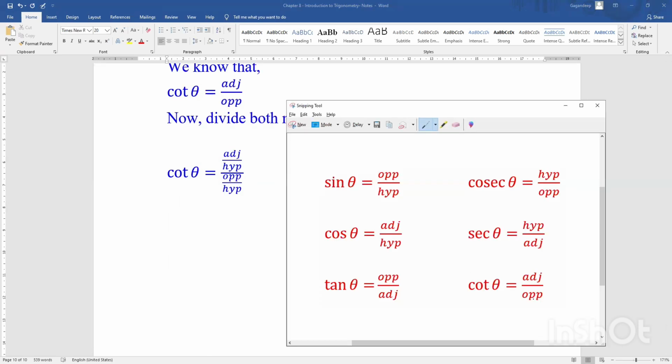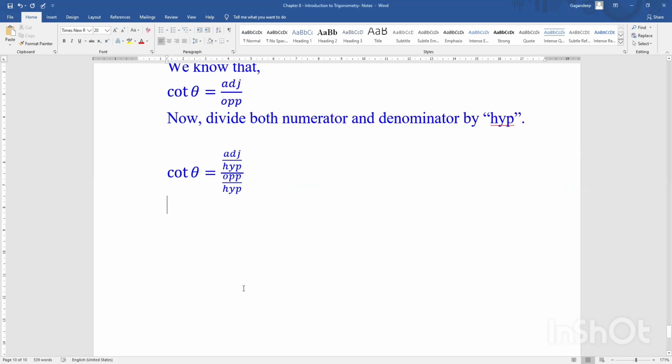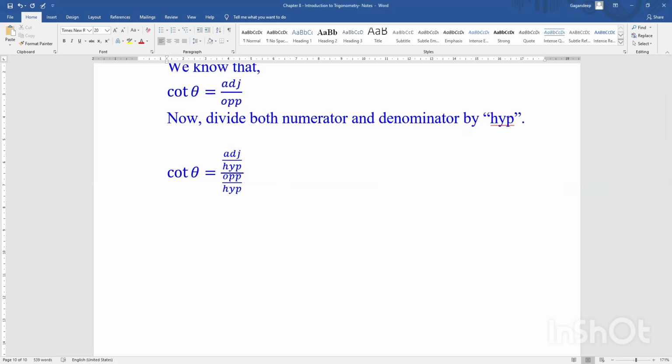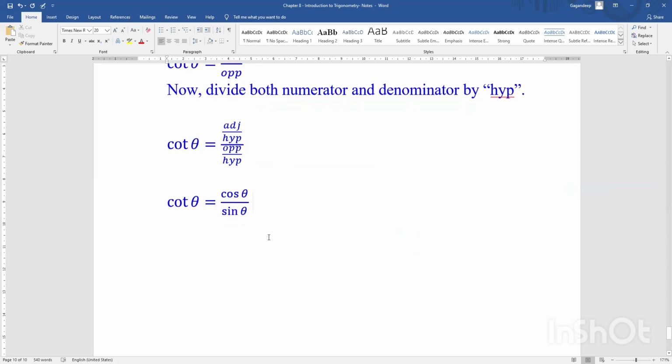Adjacent by hypotenuse is nothing but cos theta, right? And then opposite by hypotenuse is nothing but sine theta. So that's why we write it finally as cot theta is equal to cos theta by sin theta.